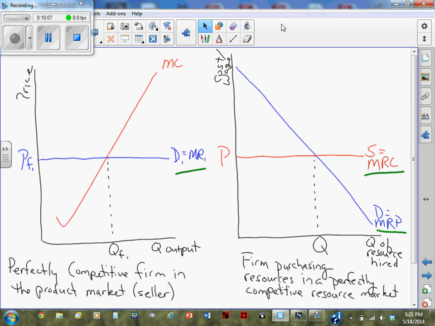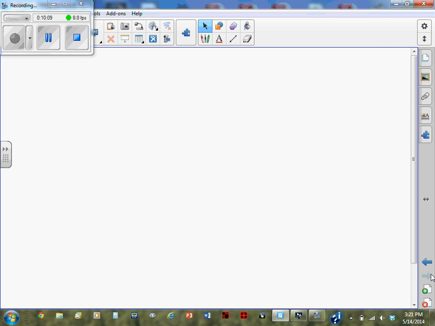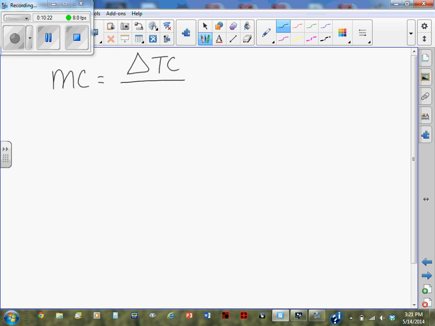One last thing. Couple of formulas. So formula number one, marginal cost is equal to the change in total cost divided by the change in output.